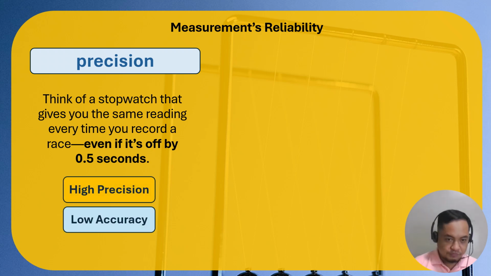The answer: precision is high because you keep on getting the same and close results, right? So they are gathered together. Precision is high, but the accuracy is not high. Why? Because the stopwatch itself is off by 0.5 seconds. So the value being given by that stopwatch is not really accurate. So it has a low accuracy.